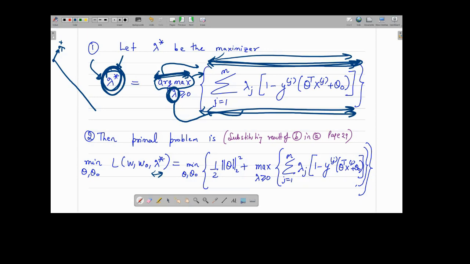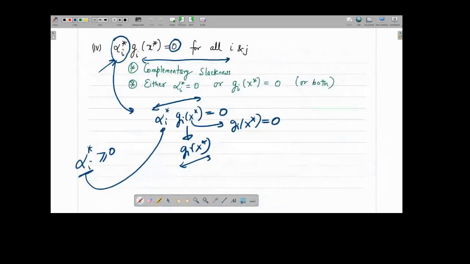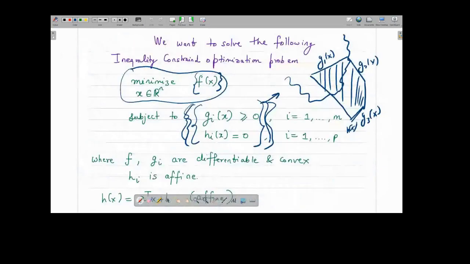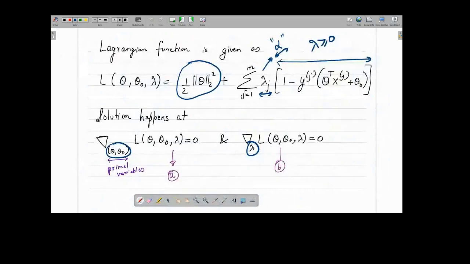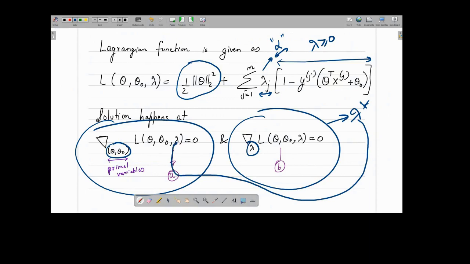You can recall, we have to take the derivative for both. Once we get the solution lambda star here, we put this lambda star here, and then we take the derivative with respect to theta and theta 0 to get the final solution. So this is what we are trying to achieve here.